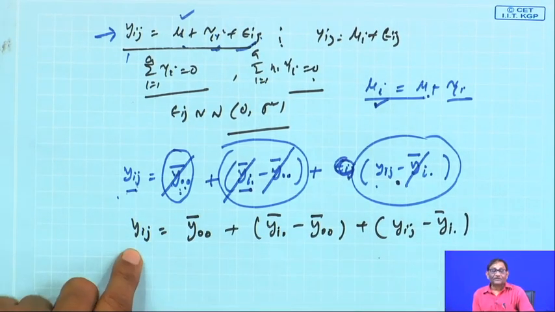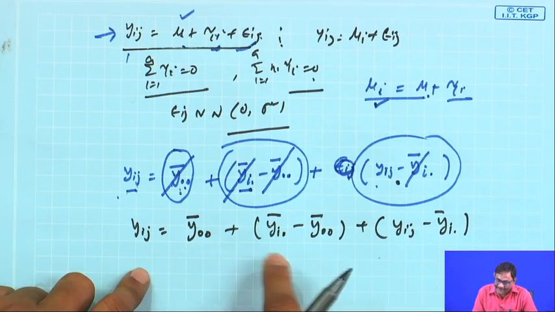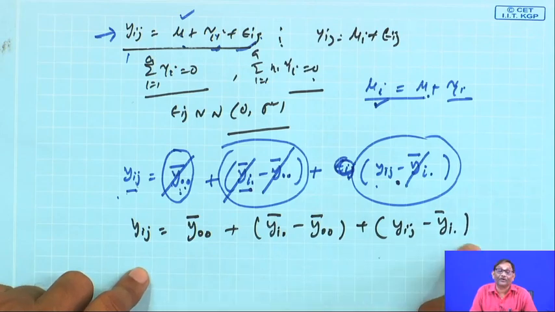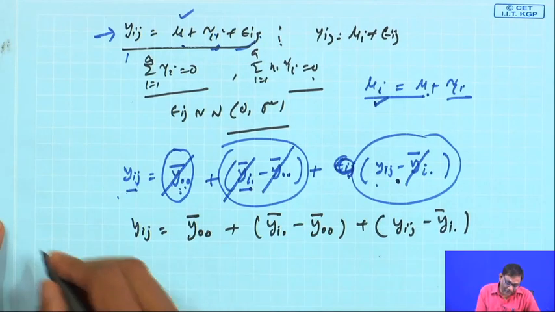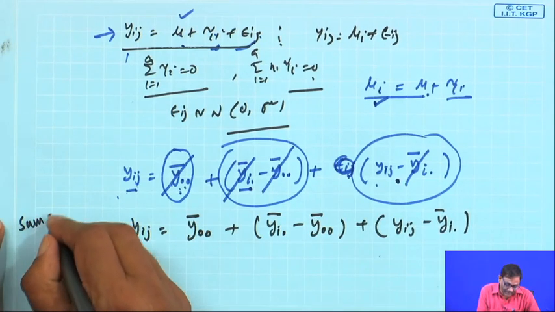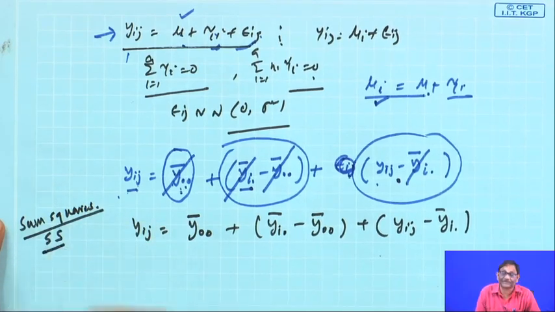So, one single general observation is partitioned into grand average, treatment effect, and error. From here we will derive a concept called sum of squares, known as SS.